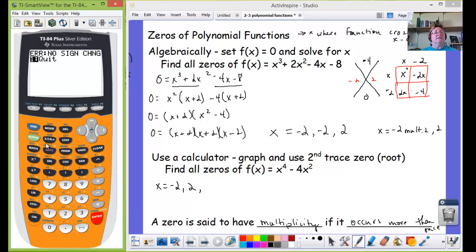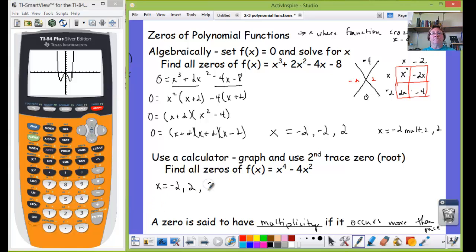So I am going to go ahead and do the quit function and tell you that the reason that happens is when this calculator is looking for a zero, it's looking for the sign on y to change from positive to negative, and it doesn't right here. That zero at 0, by the way, has a multiplicity of 2, because it hits 0 on the way up, and it also hits it on the way down.